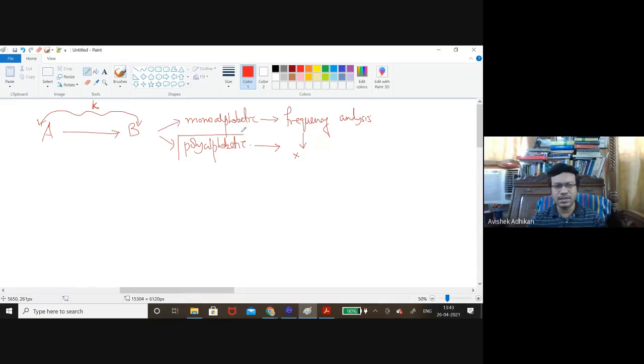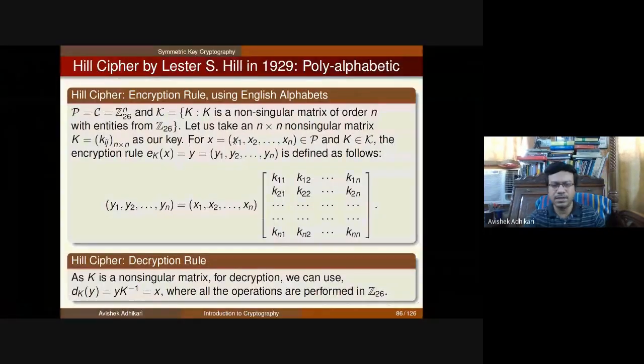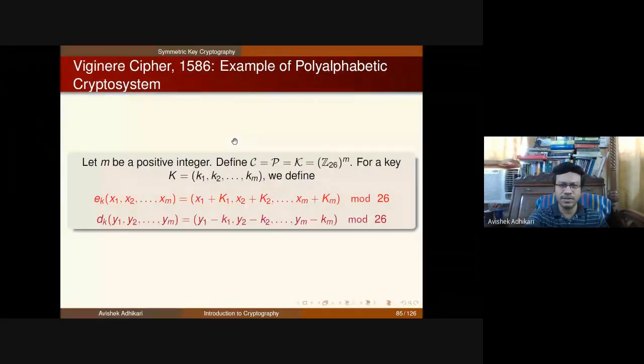So my question is, try to find some of the attack strategies for both Hill cipher as well as Vigenere cipher, which are not exhaustive search.